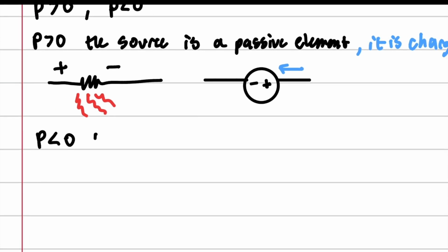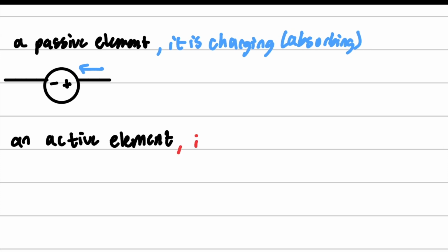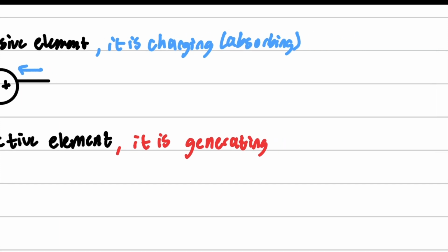Now, if we have P is less than 0, the source is an active element. It is generating. So I guess distributing.